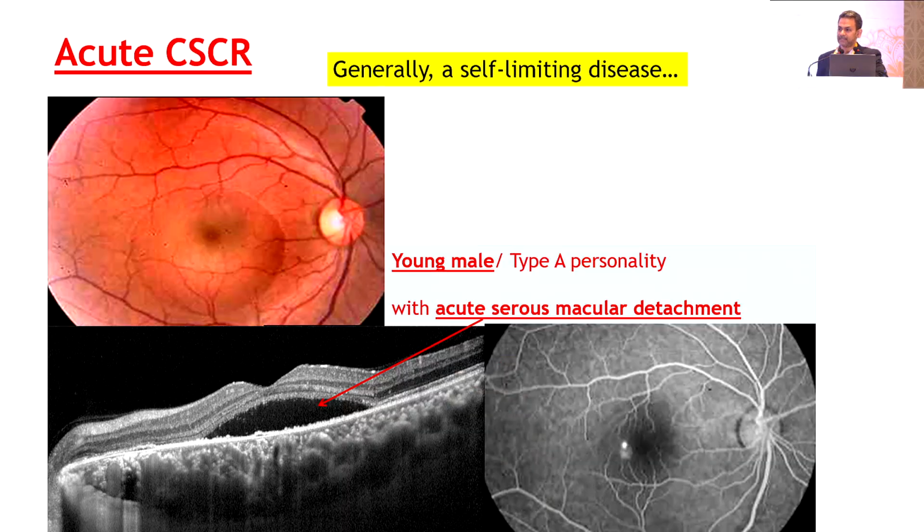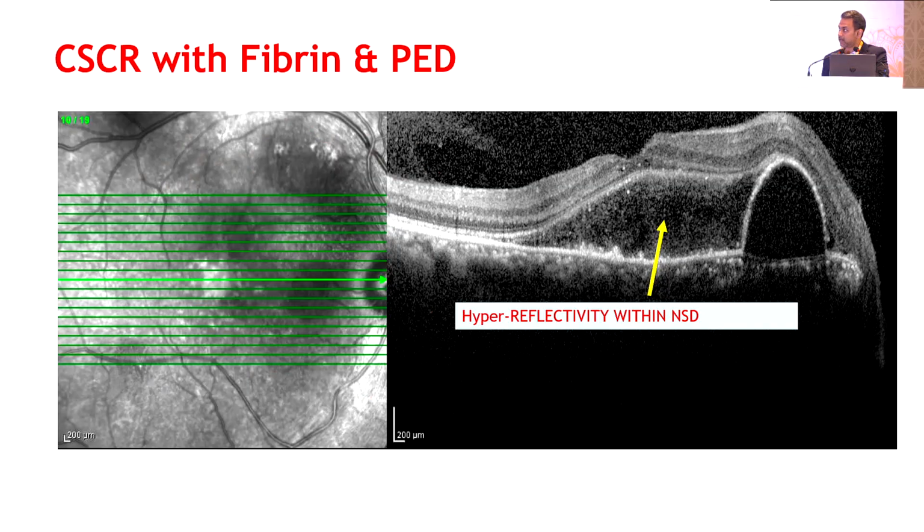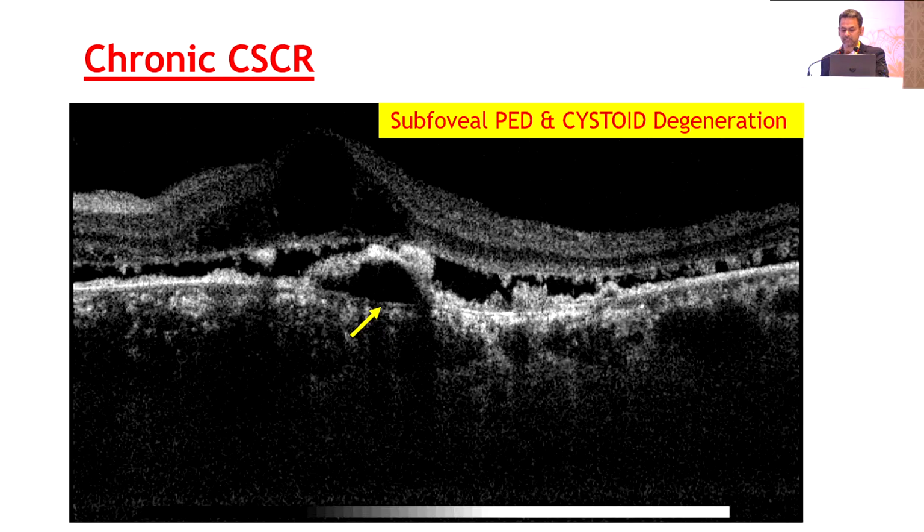So moving to the next entity, that is CSCR, we all know: young patients, type A personality, acute serous macular detachment overlying a pachychoroid. There are variants, like a fibrinous variant or an exudative bullous variant associated with exudative RD, or with PEDs and hyperreflective fibrinous material on OCT, whereas in chronic CSC we look at diffuse RPE epitheliopathy, multifocal leakage, and diffuse ooze in the late phase of fluorescein angiography.